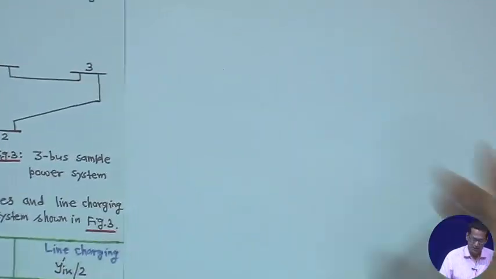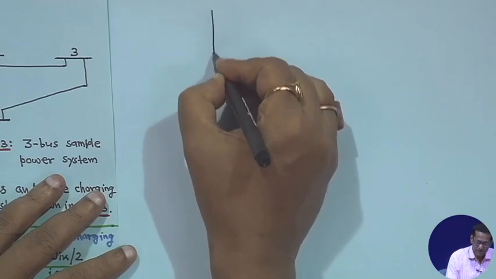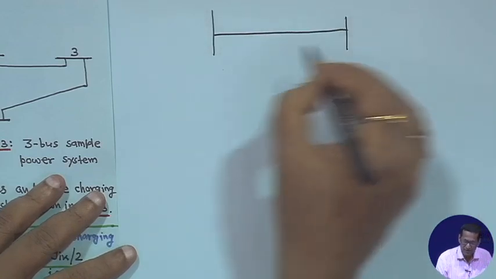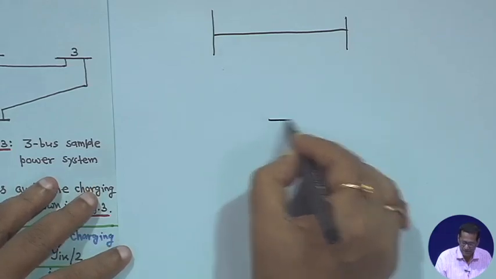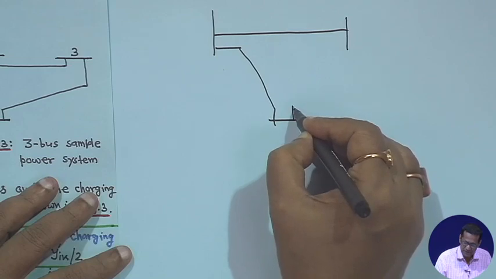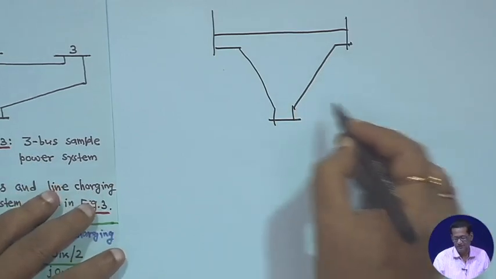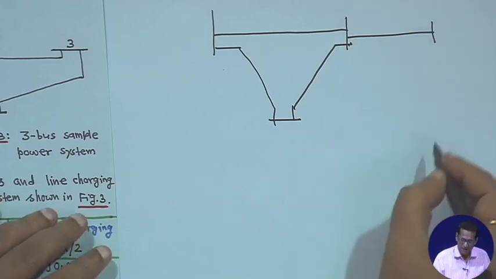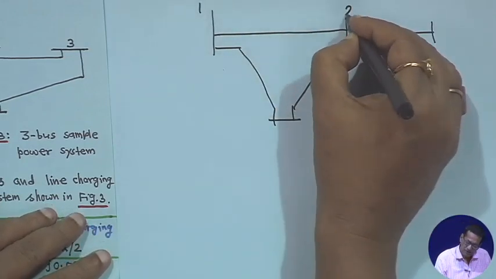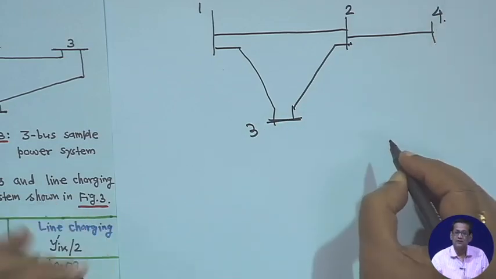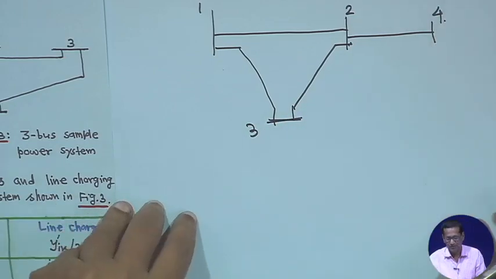Suppose you have a transmission line, and you have more lines, it does not matter, maybe another line. Suppose this is 1, this is 2, this is 3 and this is 4. So, these are the transmission lines 1, 2, 3, 4.